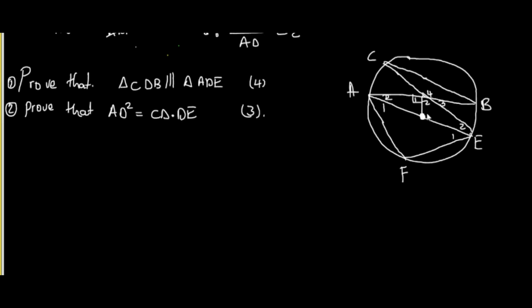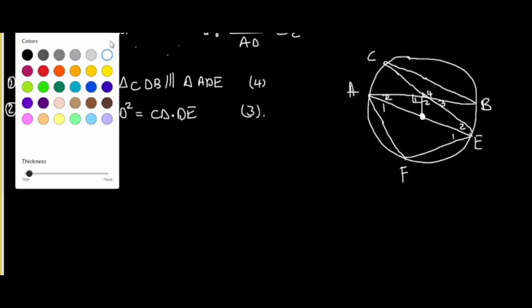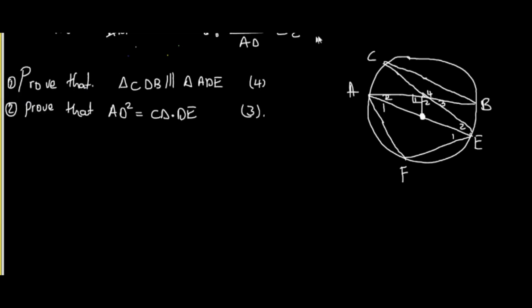Let's look at this diagram, guys. Let's look at what they want us to prove. So they say that CDB, remember you need to highlight C, D, B. So now you can see which triangle we need to focus on. The blue one, this is what we need to focus on. Then you go to another one, which is ADE.